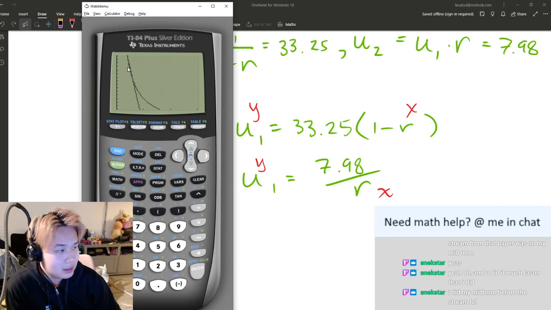So here, I'm gonna change my window some more. Because I want to see this clearly. Because I think there's actually two intersections. Yeah.